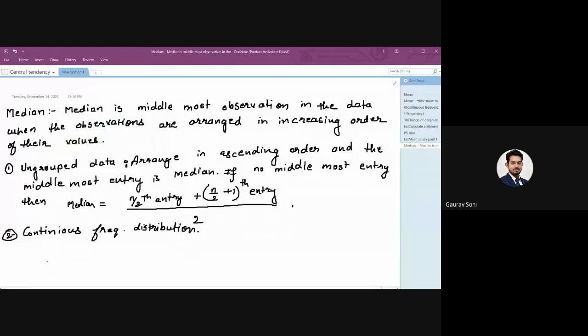I will just write down the formula for the continuous frequency distribution. What is the formula? You have done this again.